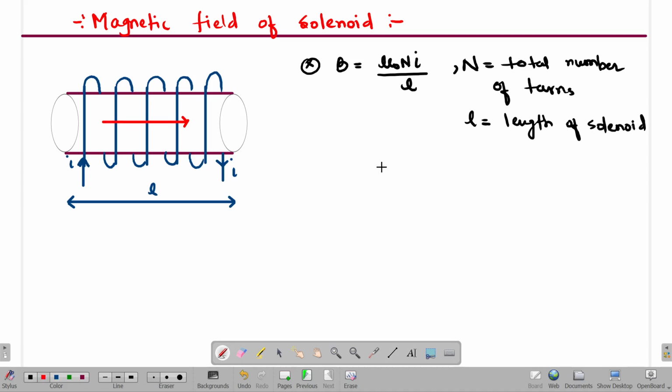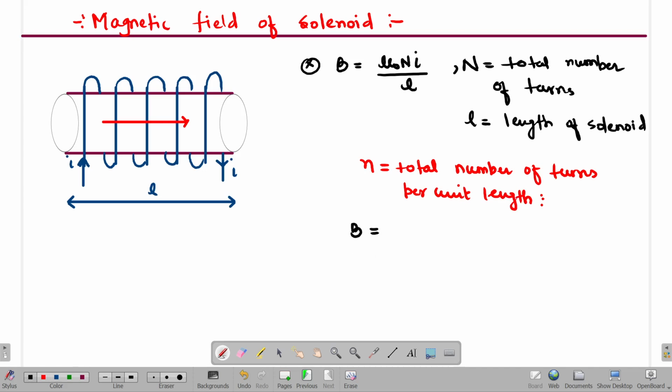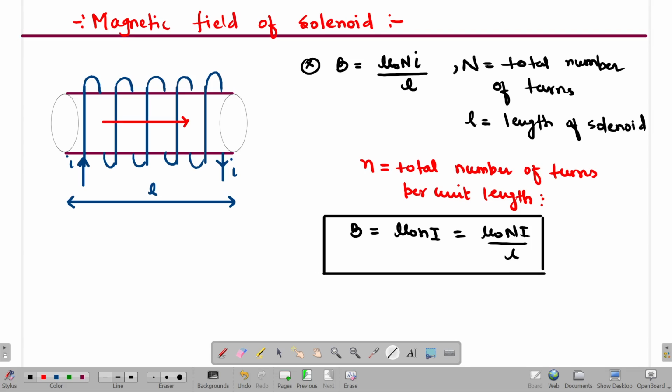Now we define a new quantity n, which is the total number of turns per unit length. This makes our net magnetic field B equal to mu naught n I, or mu naught N I by L. That's the formula for a solenoid. Are you able to get me or not? Clear?